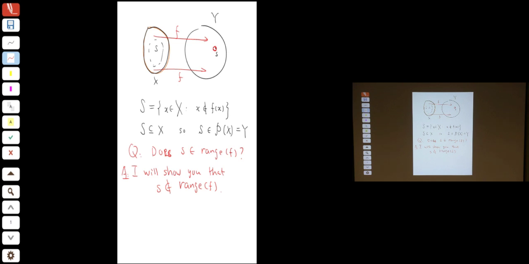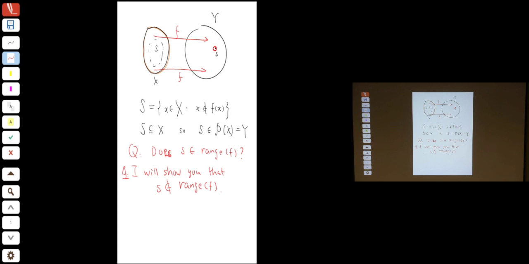So your clever function did not hit this point. Okay, so my plan is I'm going to show you this. Is this okay? So far so good, right?